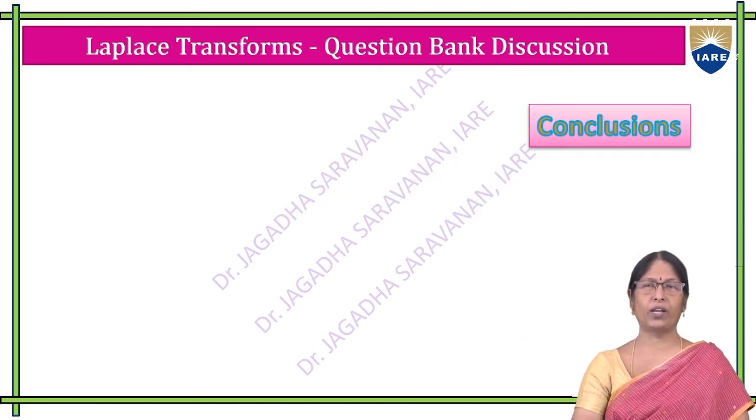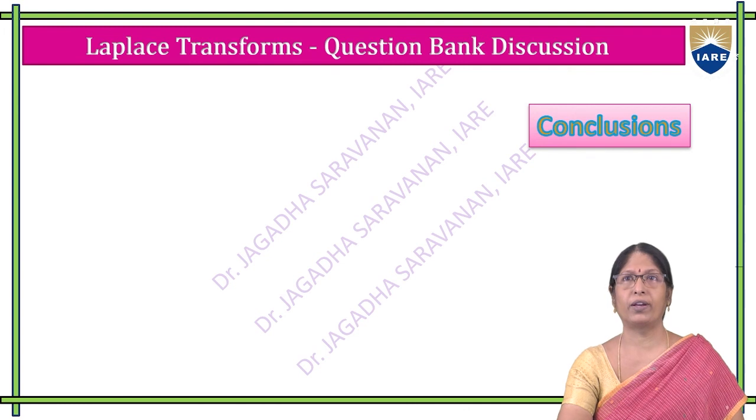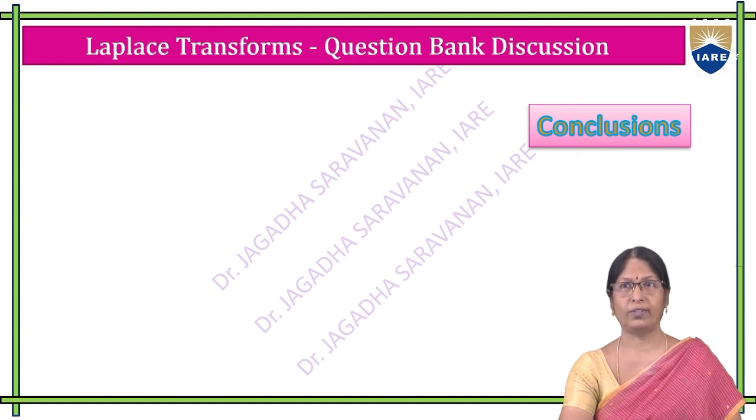So we will come to a conclusion of this topic, the Laplace transforms question bank discussion. We discussed so many problems occurring in our question bank, and how they are defined according to our Bloom's taxonomy. The first level, remember. The second level, understand. The third level, apply.